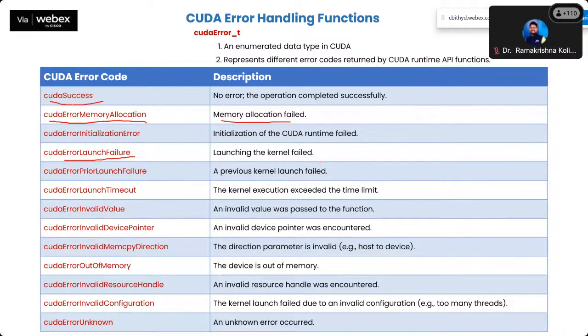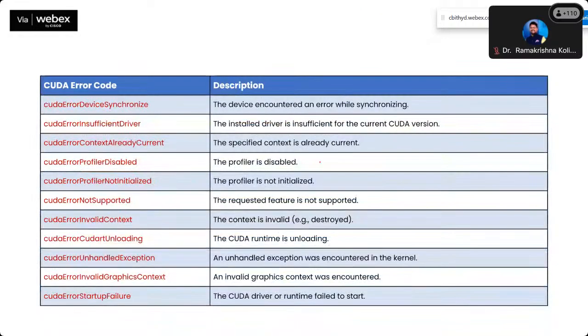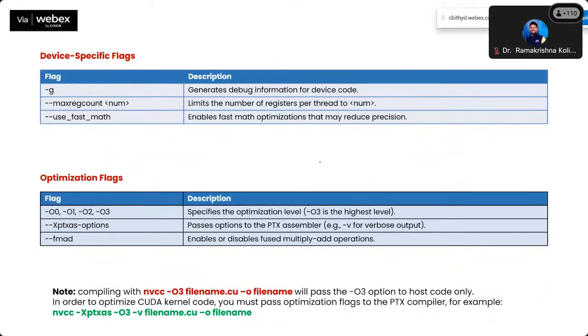By using these error codes, they can get a lot of useful information to debug their applications or algorithms. So I have provided the list, and learners can use these error codes.